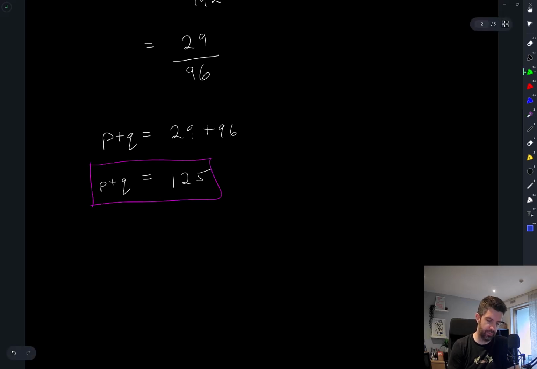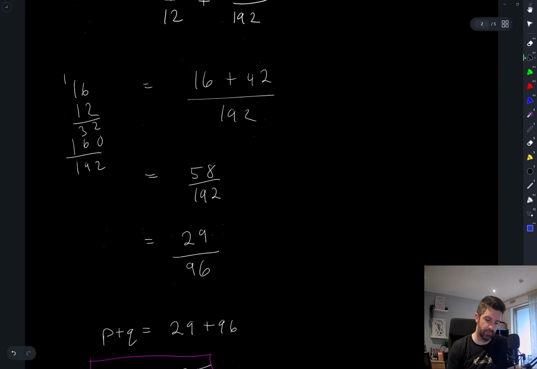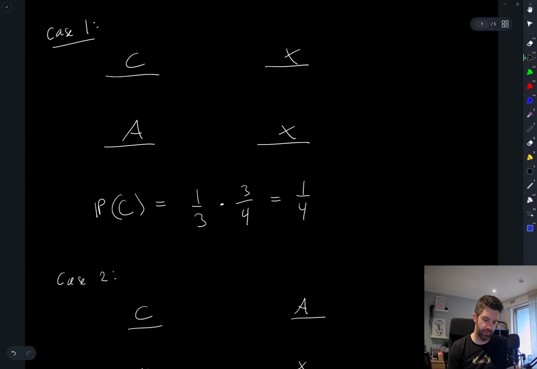I just want to think a little bit more about my logic of the probabilities. There are two cases: either Carl plays Azar first or he doesn't. In case 1, he wins the tournament if he wins the first game and the second game. When Azar plays Carl, Azar will win with probability 2/3, so the probability Carl wins is 1/3.